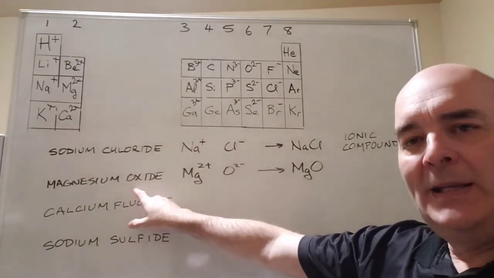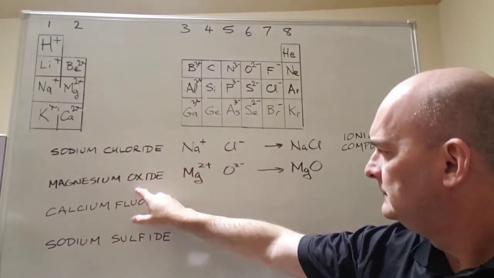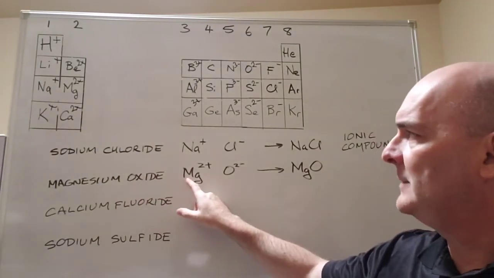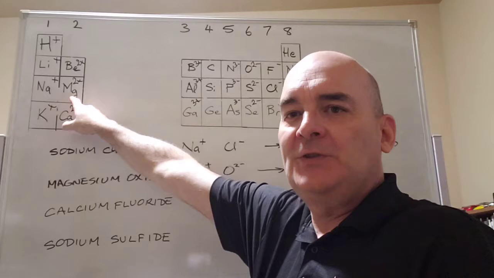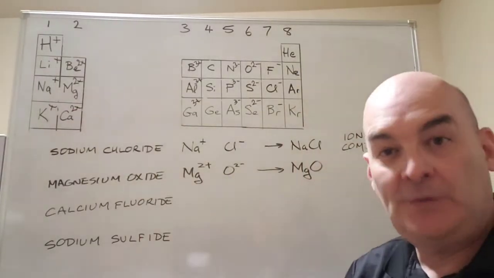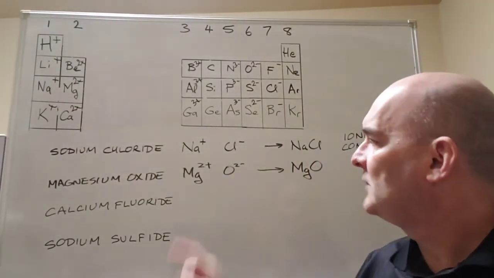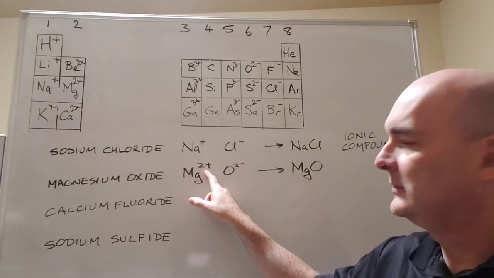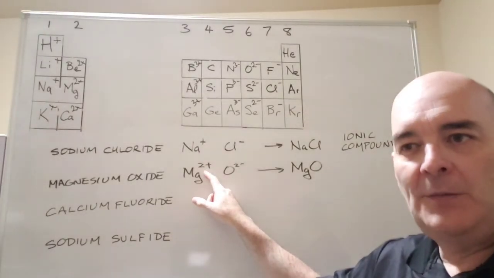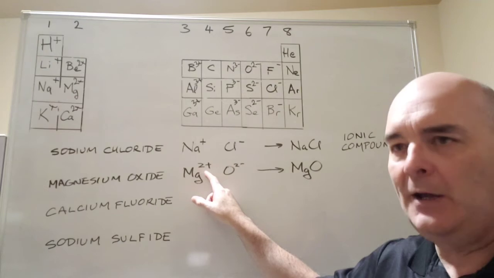If I wanted to make magnesium oxide, I would find magnesium. It's in group 2 on the periodic table. It's a metal, so it would be oxidized twice to make a 2+ cation.